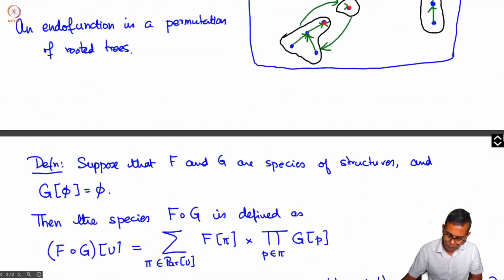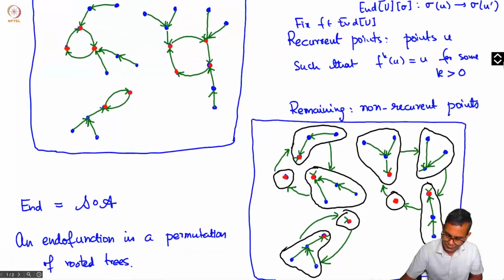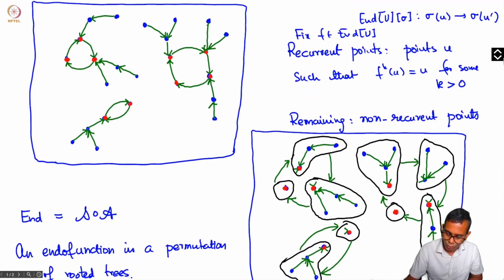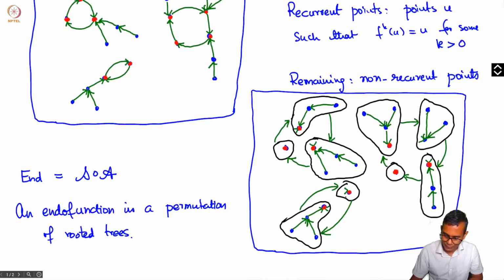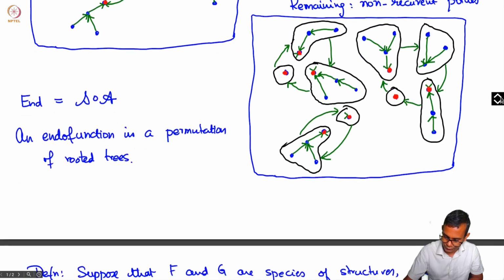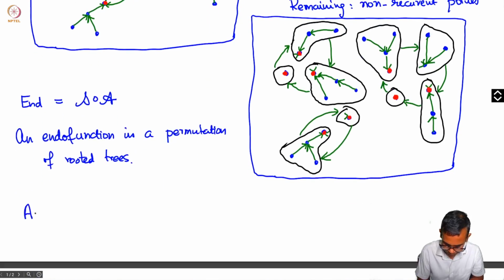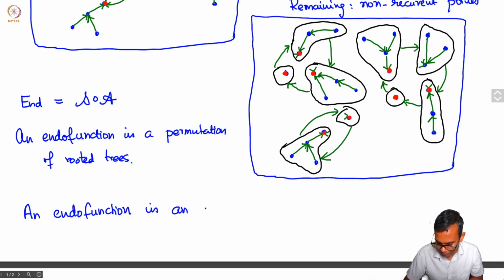Okay, so what we've seen here is that an endofunction structure on a set U is an S assembly of rooted tree structures. An endofunction is an S assembly, that means a permutation of rooted tree structures.